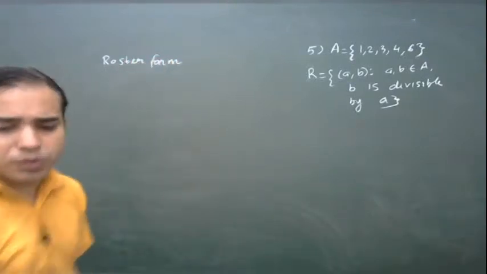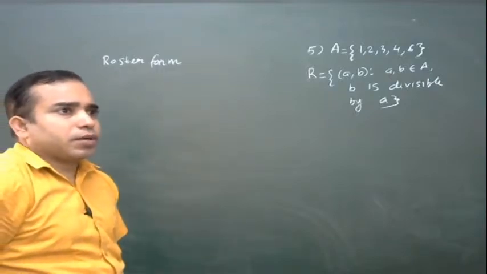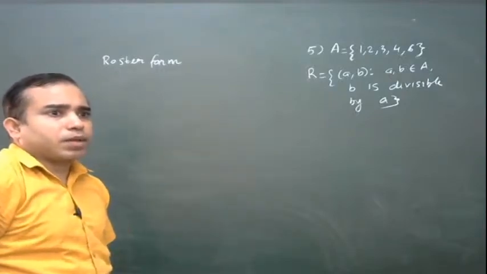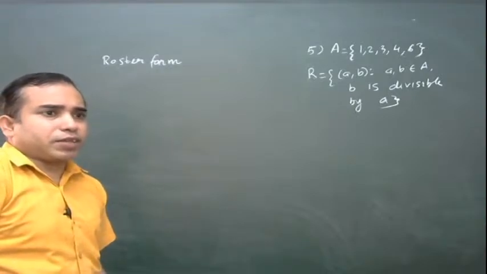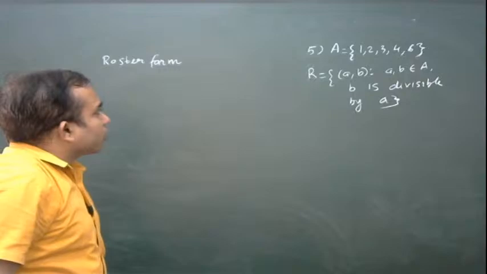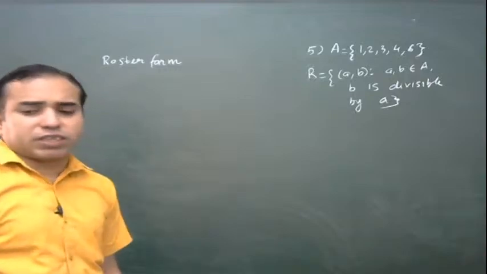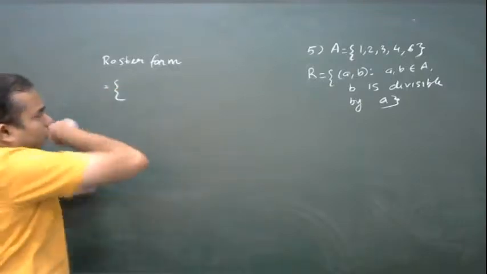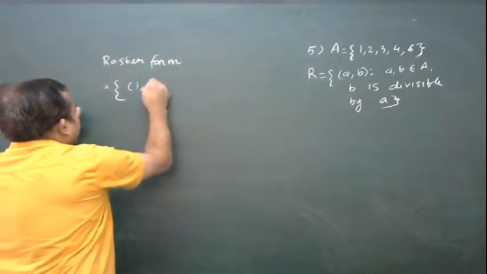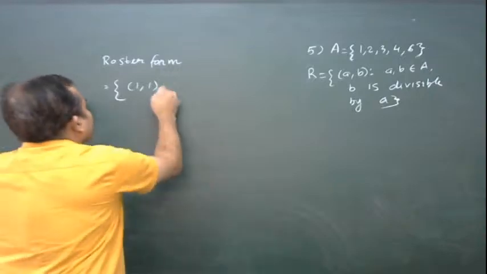Let me see what students are responding. Yeah, people have written the answer. Very nice. Roster form: the second element is divisible by the first element, which means (1, 1) will come, (1, 2) will come.